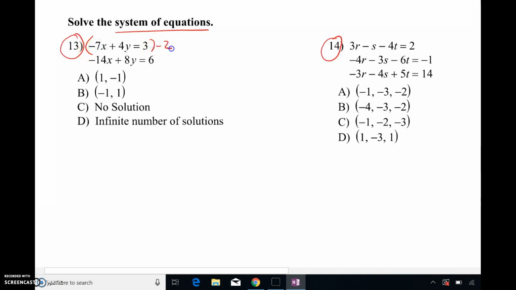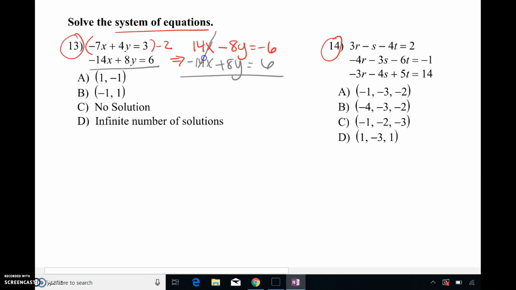Good, a negative 2. So if I multiply this top equation by a negative 2, I'm going to get, let's see, 14x, what is that, minus 8y equals negative 6. And did I do anything to the second equation? No, so I just rewrite it. I have a negative 14x plus 8y equals 6.